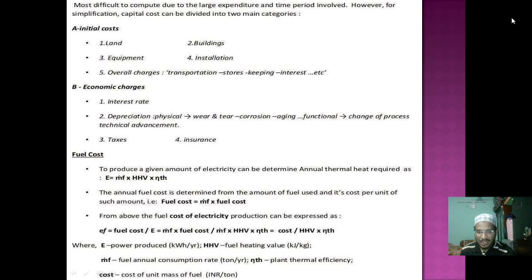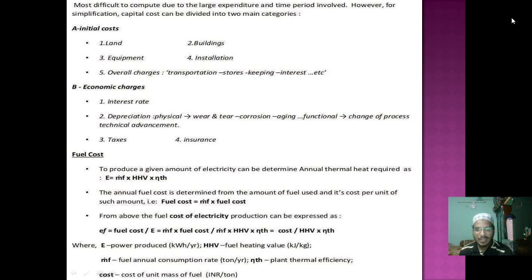So fuel cost will be more: if the demand increases, the fuel supply is also more.